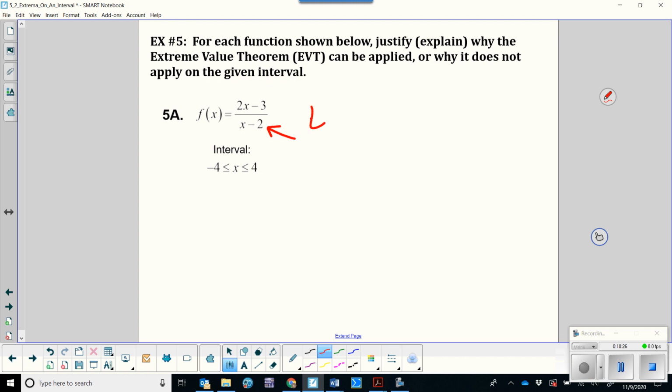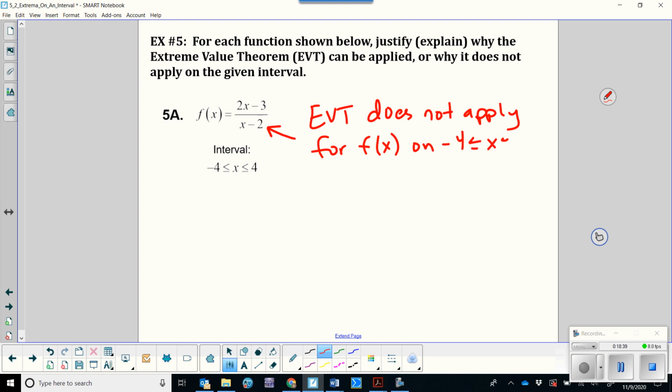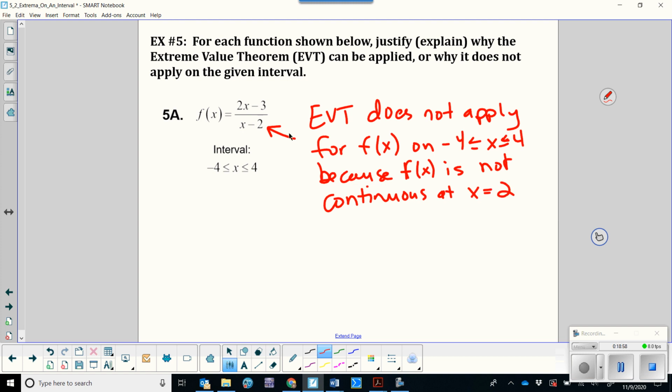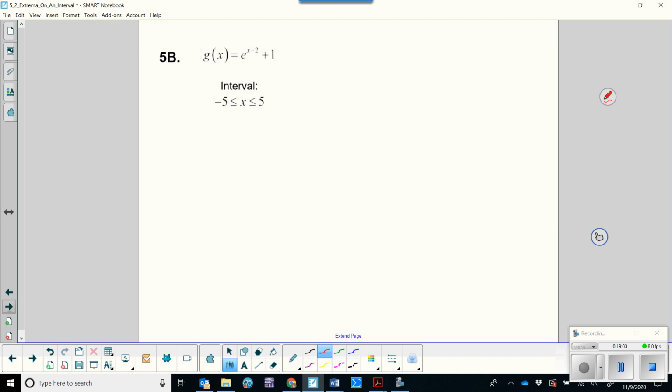So we would say, again, the intermediate value theorem does not apply for f of x, on -4 to 4 inclusive, because f of x is not continuous at x equals 2. So you would need to say where that is, and that's in the interval, so therefore that won't work.